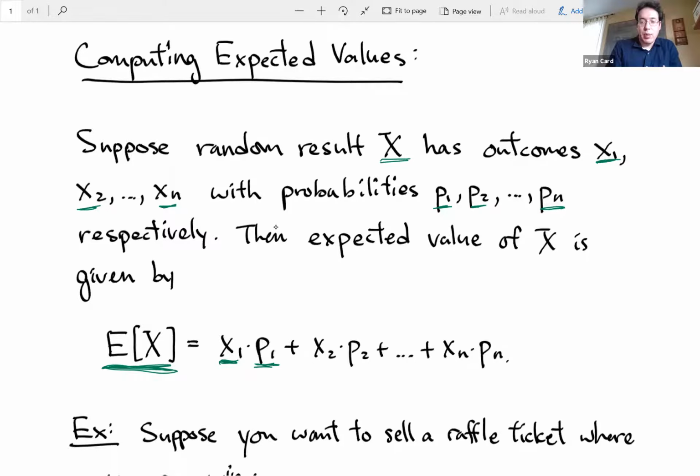So for example, if you're rolling a 6-sided die, you could get 1 with probability 1/6, 2 with probability 1/6, 3 with probability 1/6 if it's a fair die, and so on.